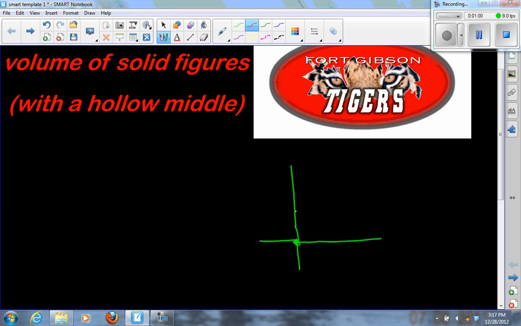So let's say you have a graph like this, and there's another graph, and you rotate this graph about the x-axis. This will be your solid portion, and you rotate it around the x-axis all the way around.